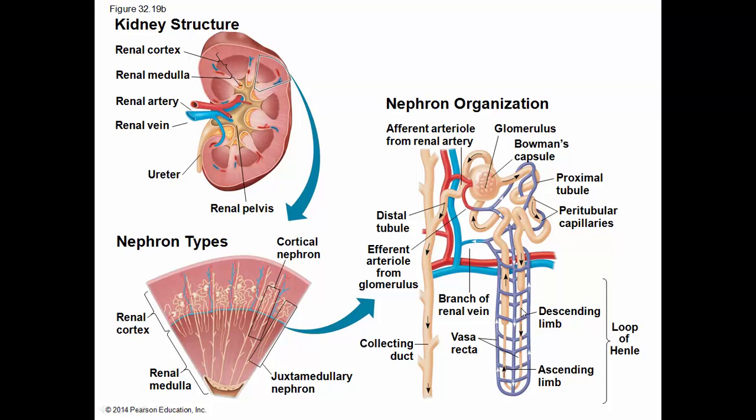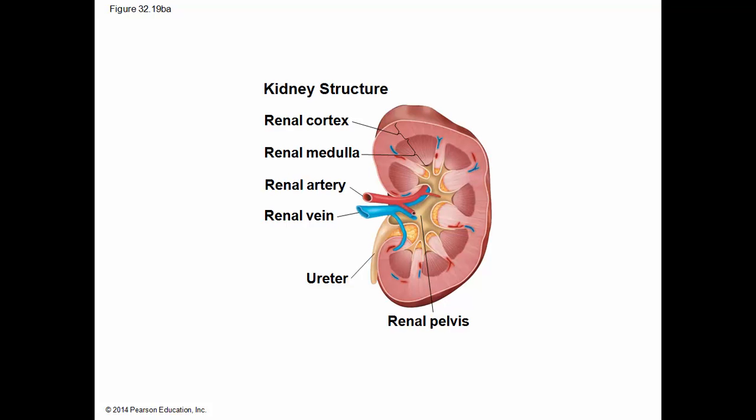Wastes are exchanged through the vasa recta, which goes back into the renal vein, and then it collects back into the proximal tubule, then into the distal tubule. It goes into the collecting duct, into the ureter, and from the ureter into the bladder. I'm going to go into this in greater detail.